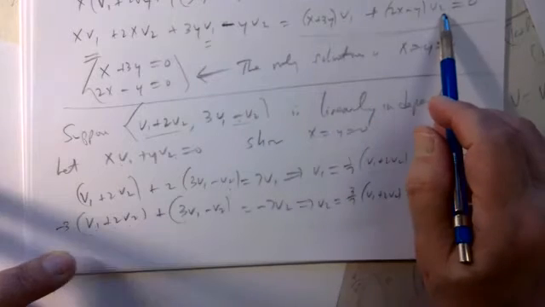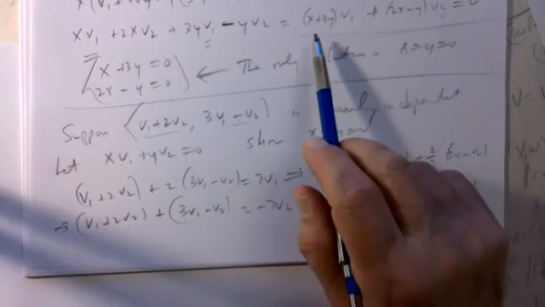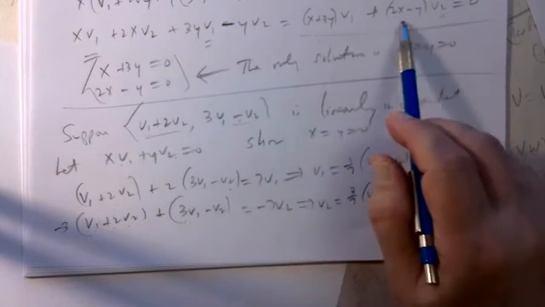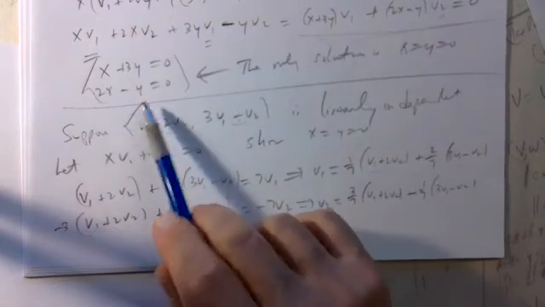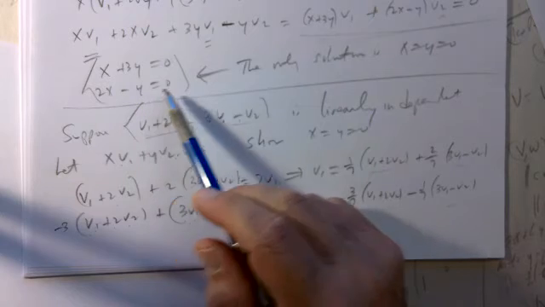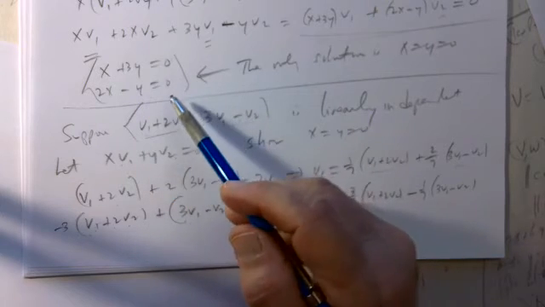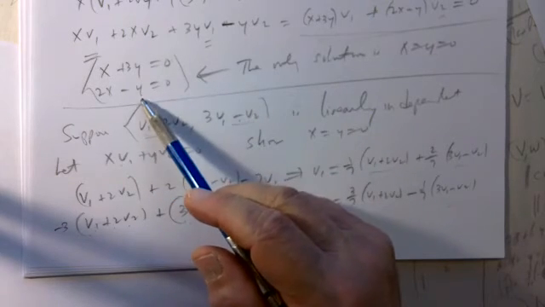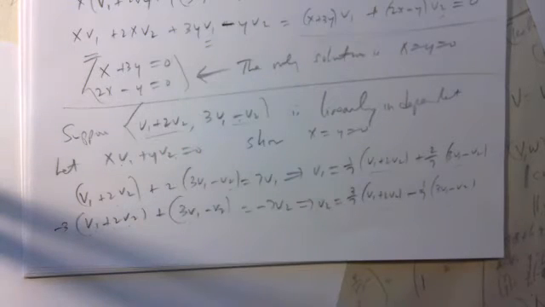Since v1 and v2 are linearly independent, x plus 3y has to be 0 and 2x minus y has to be 0. I get two equations and two unknowns, and if you solve them, the only solution is x and y both equal to 0.